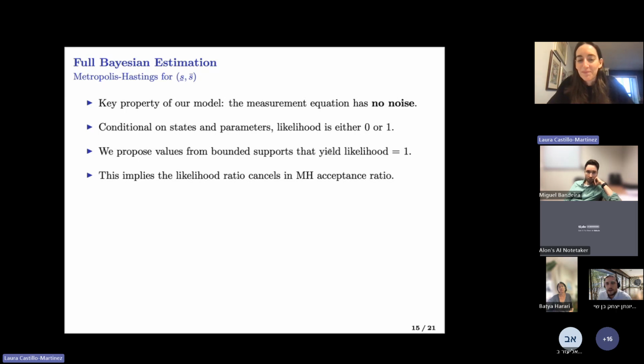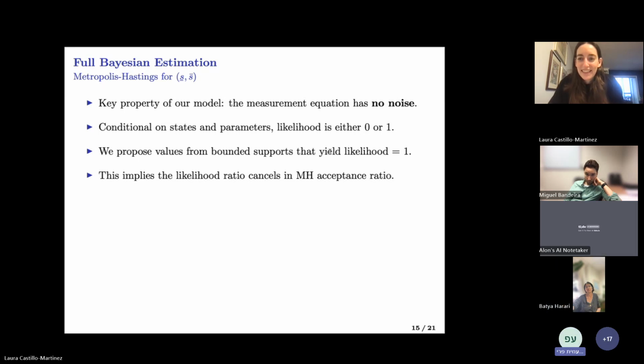We have a question from Amit Friedman. Hi, thanks. As much as I understand state space, if the measurement equation has no noise, it just means that this is a definition. I agree. Yeah, that's fair.